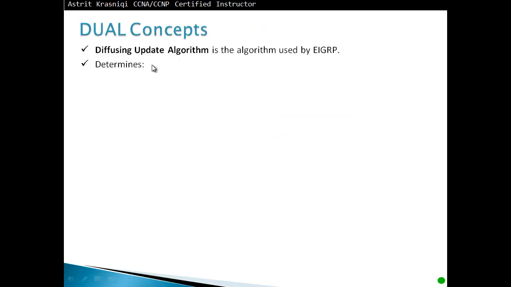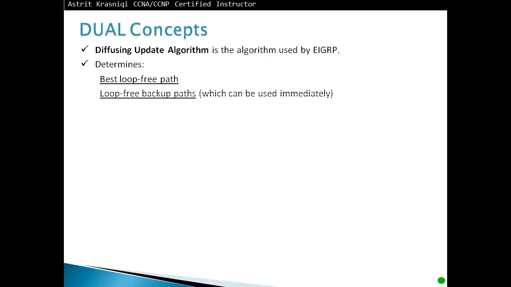So DUAL concepts. Diffusing Update Algorithm is an algorithm used by EIGRP, which determines the best loop-free path and a loop-free backup path, which we can use immediately if our best loop-free path fails.